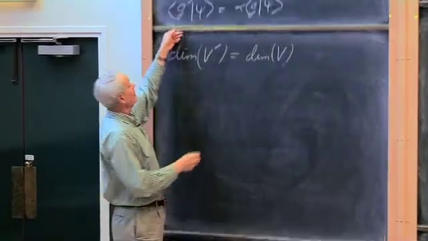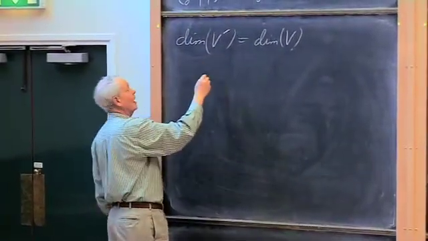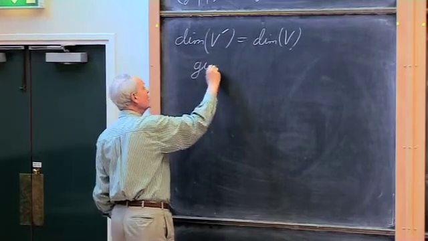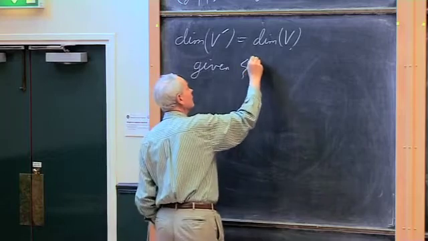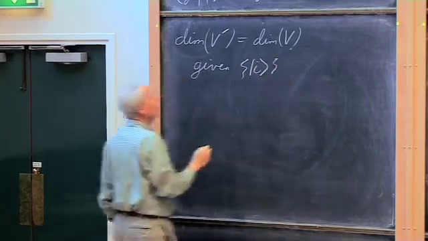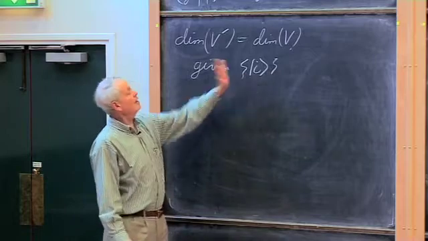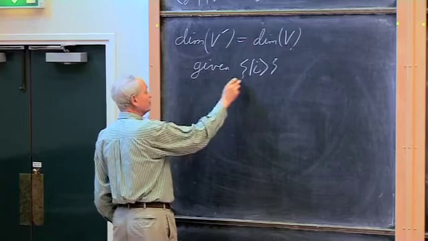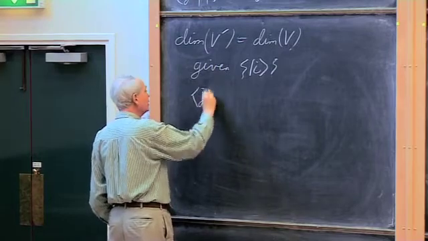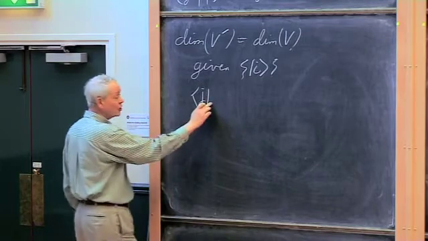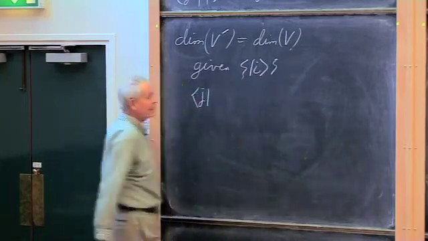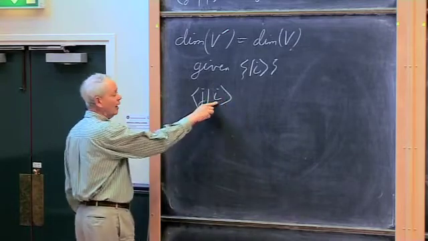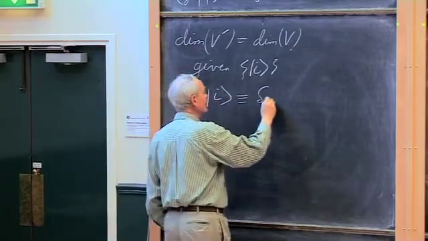And how do we prove this? If we're given a basis of kets |i>, for each one of these we define a bra, and we do it as follows. We say that the bra <j| is the function on the kets such that this complex number <j|i> is equal to delta ij.